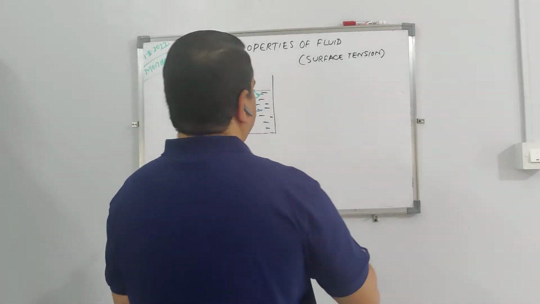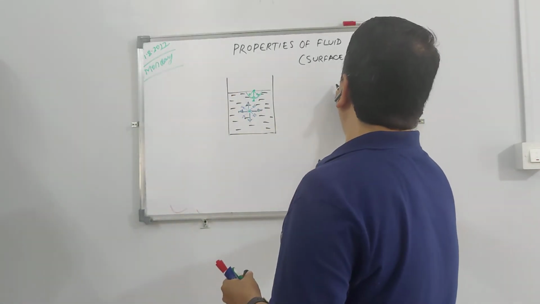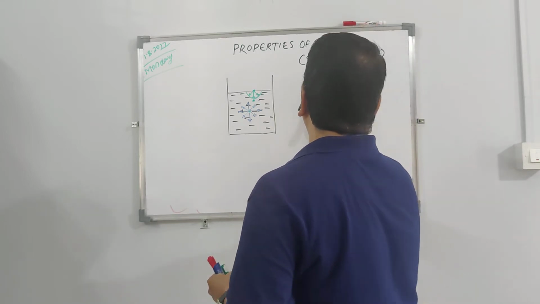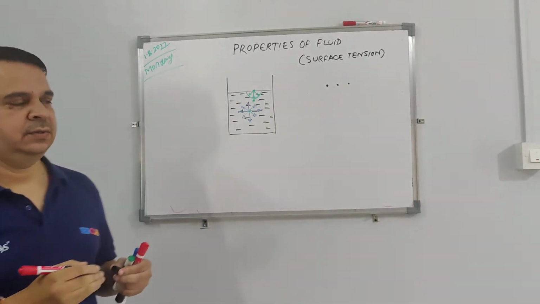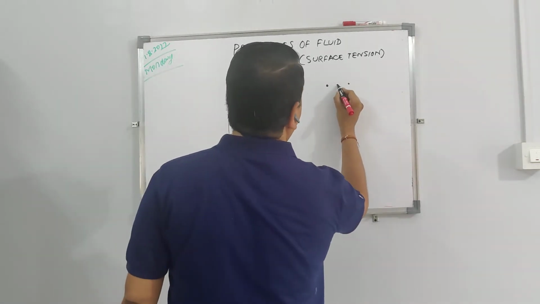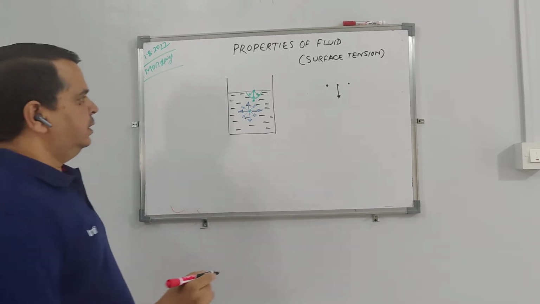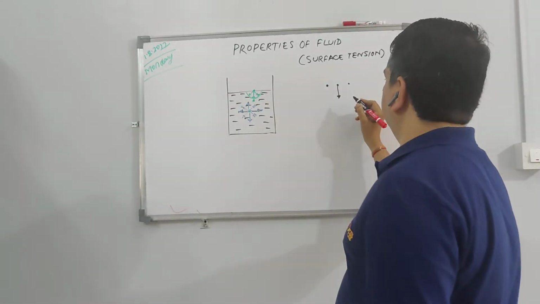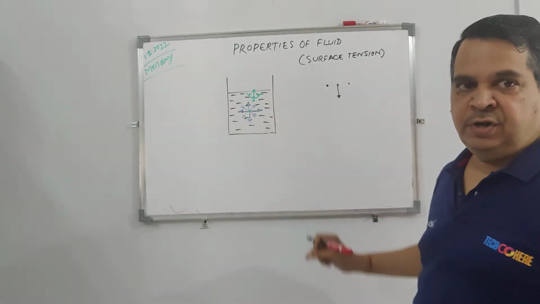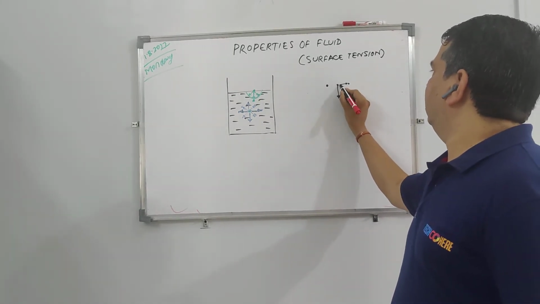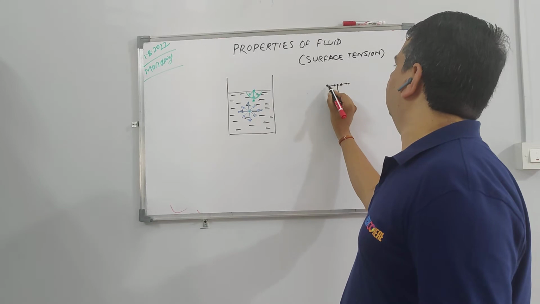Let me take three molecules. This molecule will have a downward force. When it is being pulled downward, here you have a force like this, and here you will have a force like this.